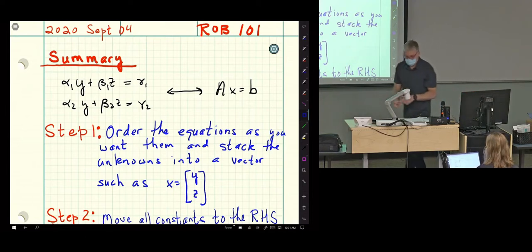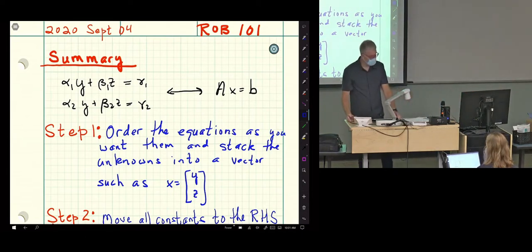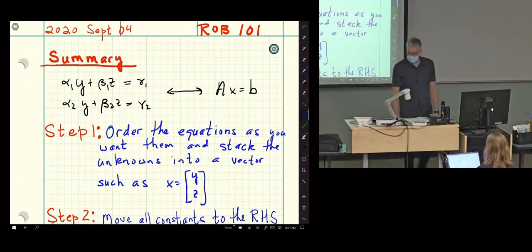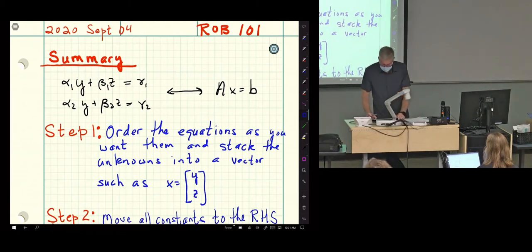Good morning, everyone. So we were looking at moving towards vectors and matrices. These are all special cases of arrays. A vector is basically an array with only one dimension, and it goes up and down if it's a column vector, and it goes sideways if it is a row vector.